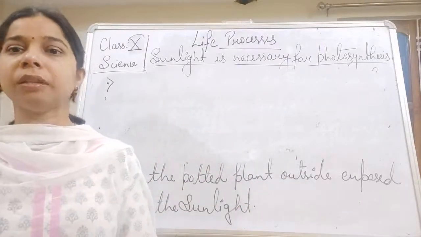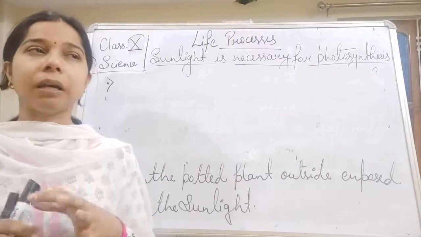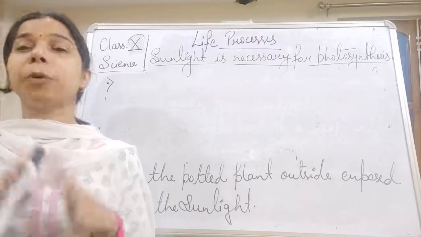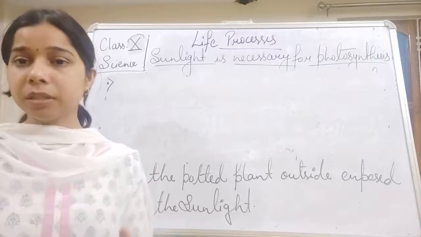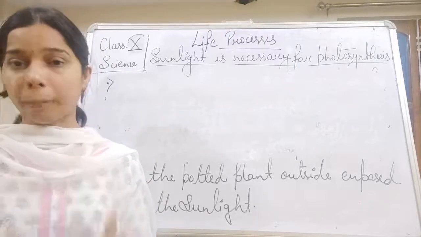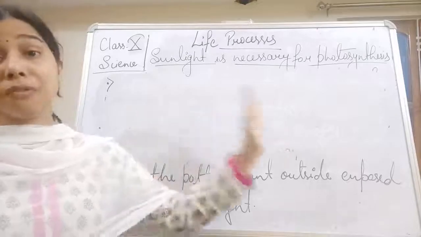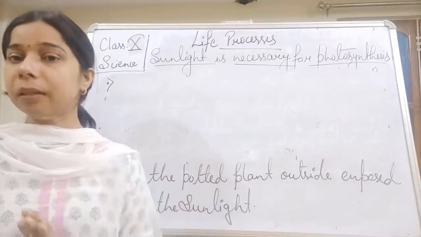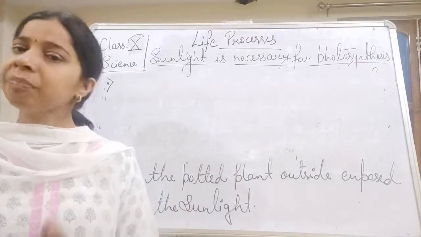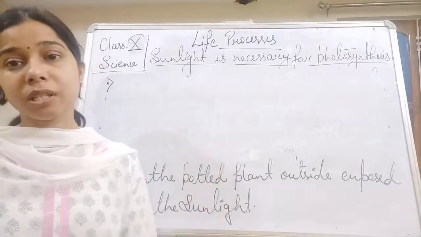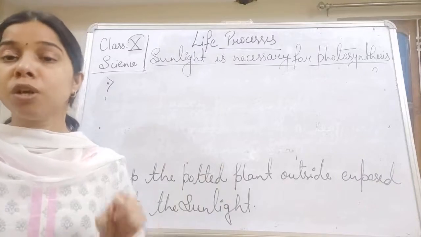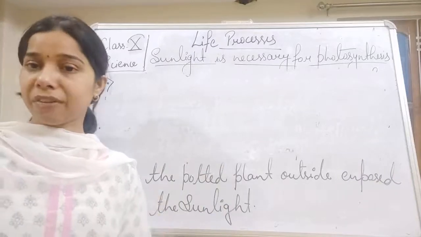Absolutely you will say that the green board will not give proper visibility, and the words will not appear clearly. But on a whiteboard, you can see the sentence clearly. The same thing happens with the leaves. When you put the iodine solution on the green portion, it will interfere with the result.